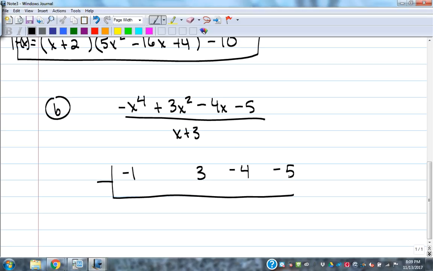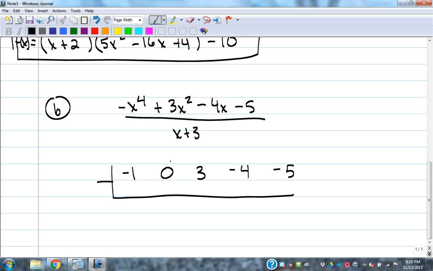Why did I leave space there? I don't have an x to the third there, so I have to put a 0 in its place. You have to have a representative from every power, starting with the biggest. We had x to the fourth to start off with, so we need an x to the fourth, x to the third, x squared, x, and then no variable.